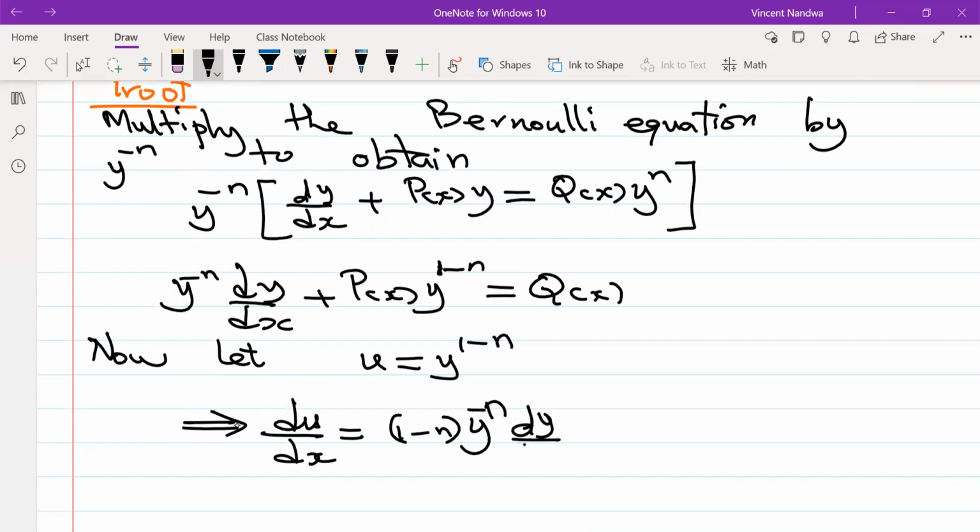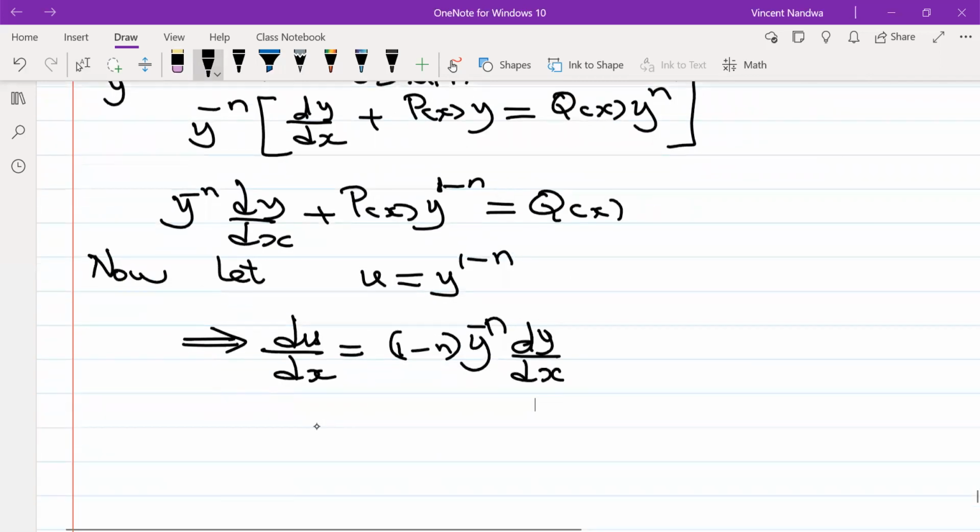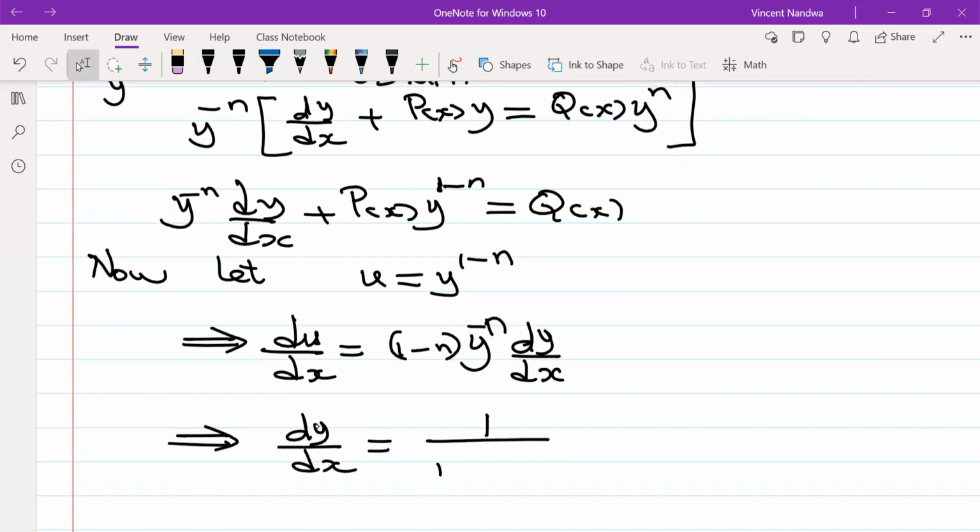Then because y is a function of x, we have dy/dx. From which we can make dy/dx the subject. So dy/dx will be 1 over 1 minus n y to the power minus n du/dx.